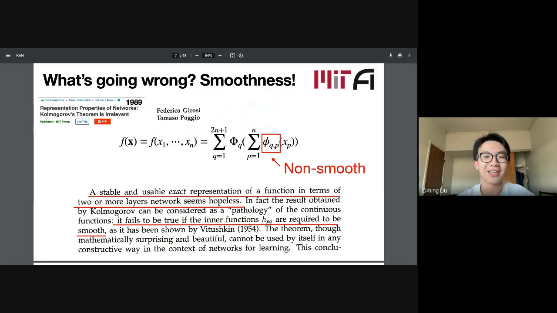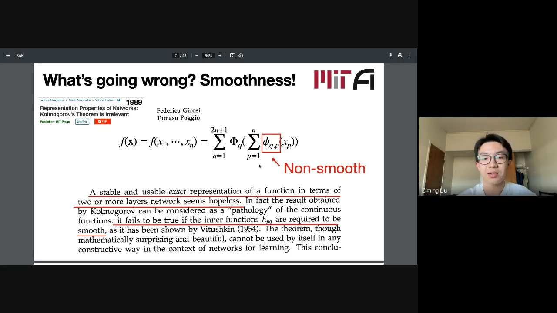So let's take a look at what's going on and why they say it's irrelevant. The basic idea is that although the theorem says such 1D functions exist, it only constrains these functions to be continuous. They are not necessarily smooth. However, only smooth functions are of interest and practically learnable.